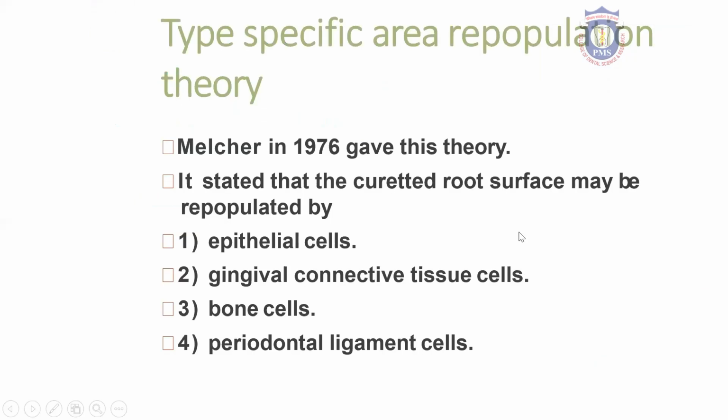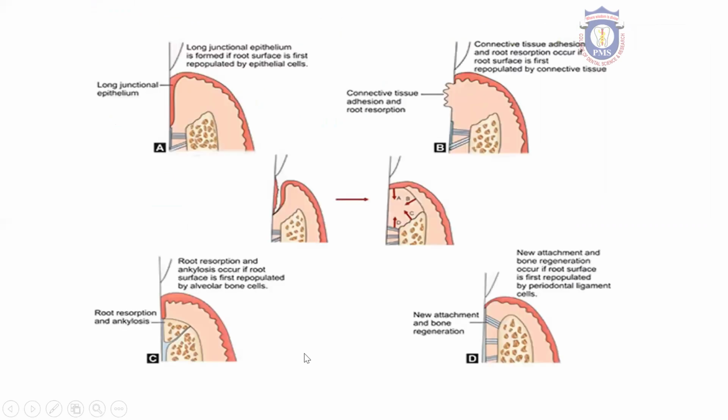They are either epithelial cells, gingival connective tissue cells, bone cells, or periodontal ligament cells. And the long junctional epithelium is formed if the root surface is first repopulated by the epithelial cells. If it is repopulated by connective tissue cells, then it results in connective tissue adhesion and root resorption.